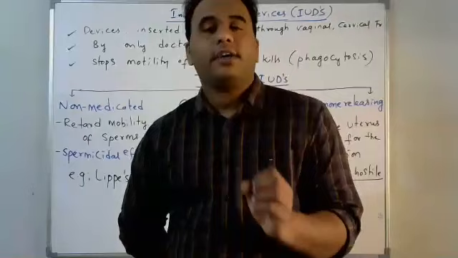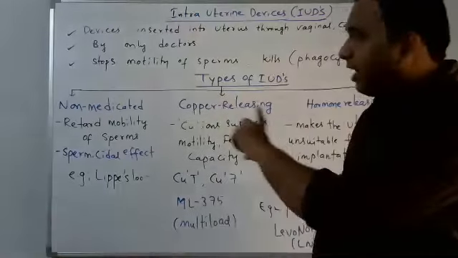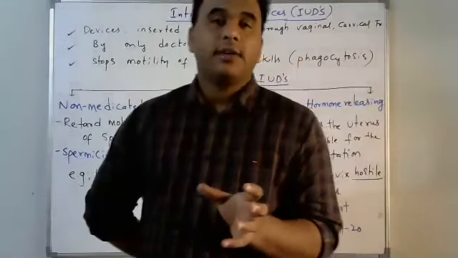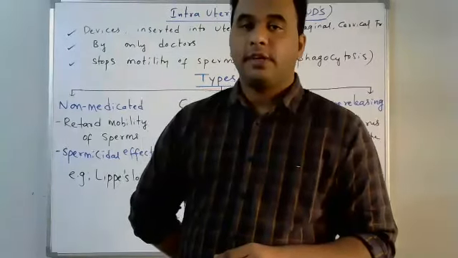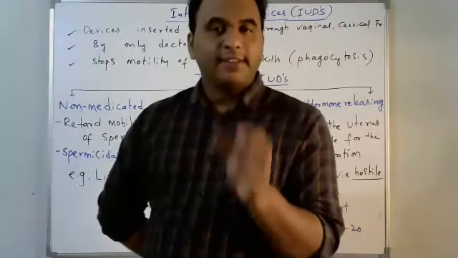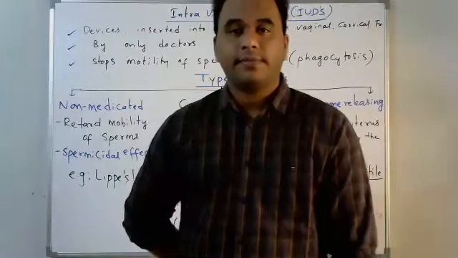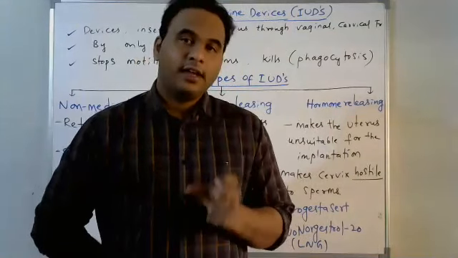See, whatever the mechanism, these IUDs show effect mainly on the entry of sperms and the motility of the sperms. The copper ions mainly suppress the motility and fertilizing capacity of the sperms only.